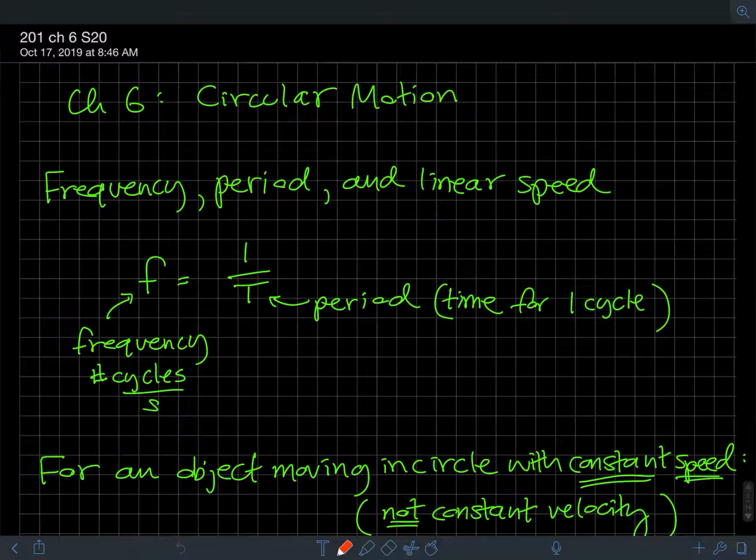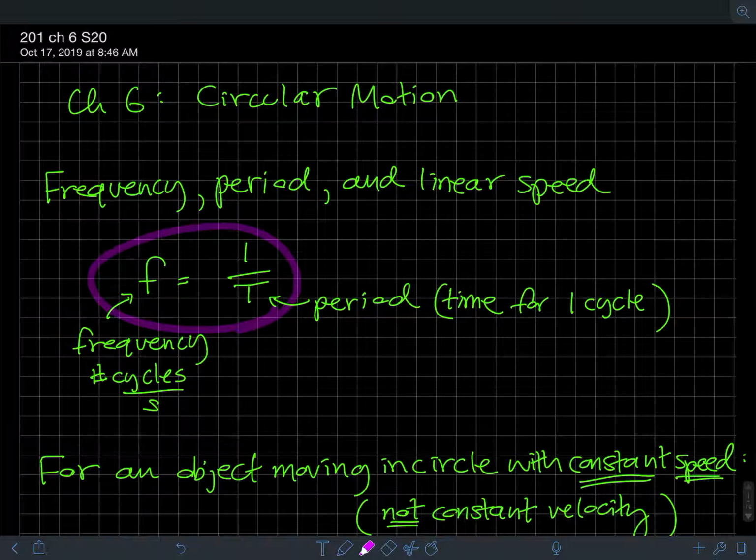Okay, so we have this relationship here between the frequency, which is how many events or cycles happen per second, and the period. The period of motion, we're going to use a capital T for that because it's a specific amount of time, not just any generic time, little t, but capital T specifically tells us that it's the period of motion.